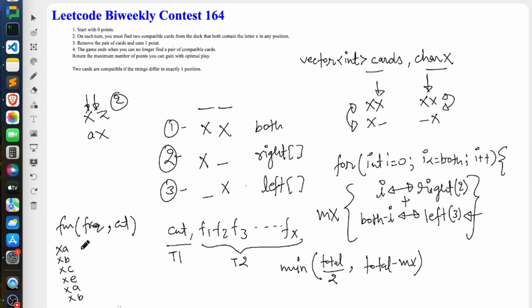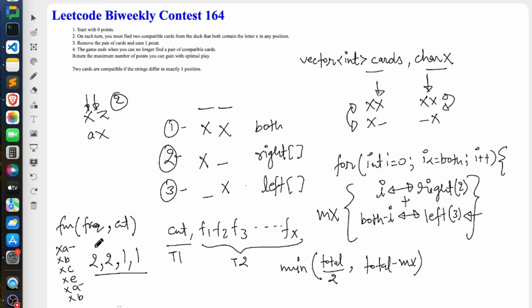See, there are a, b, c, a, b, c and e. Four are the unique characters present at the second position, for type 2. But the frequency for a is 2, right? So this frequency array essentially stores 2, 2, 1 and 1.